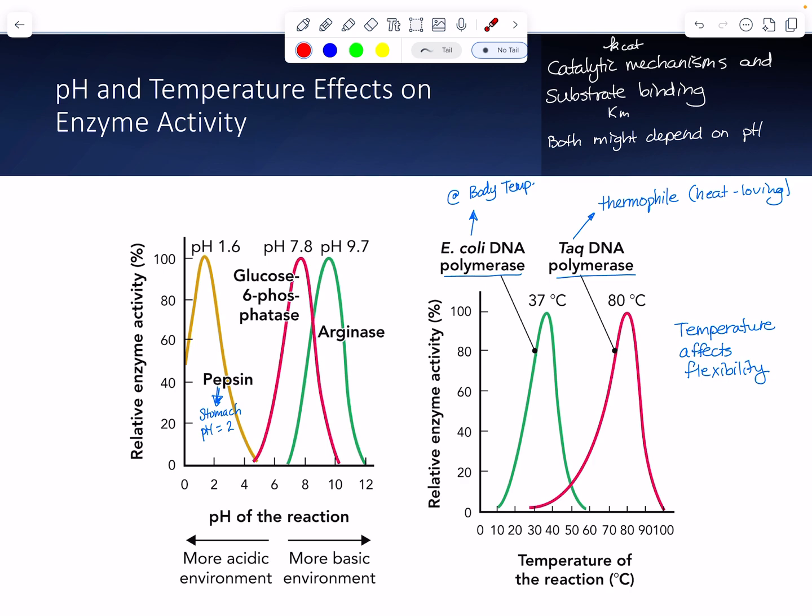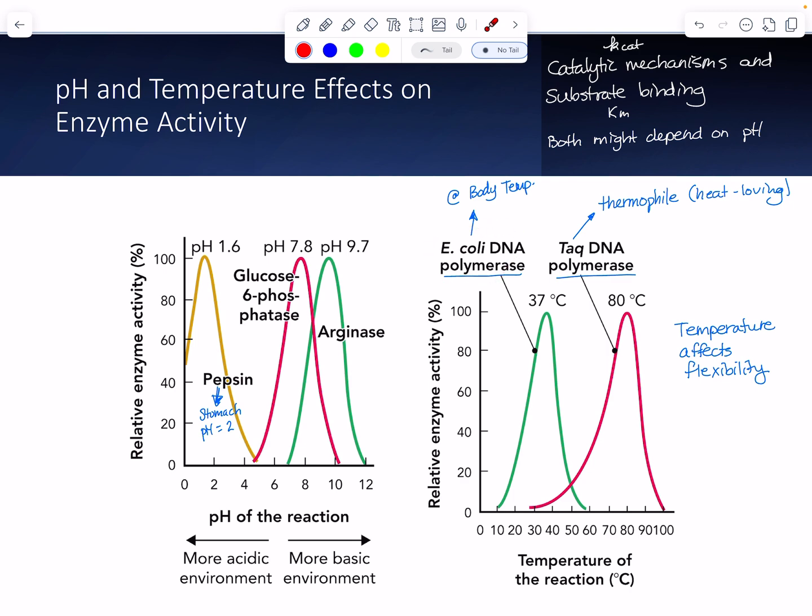There may not be enough thermal motion for the mechanism to work at body temperature, but once things get heated up more, the structure still stays intact, but the flexibility it gains with that thermal motion enables it to kick into its active state.